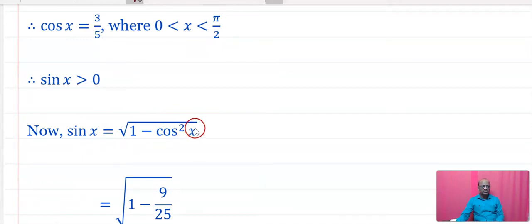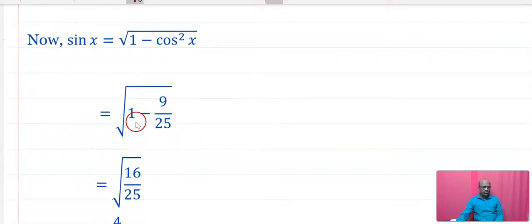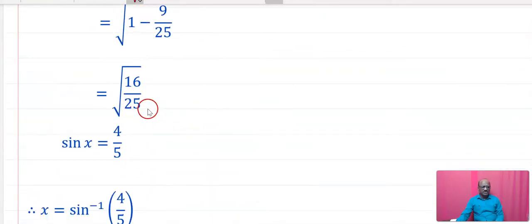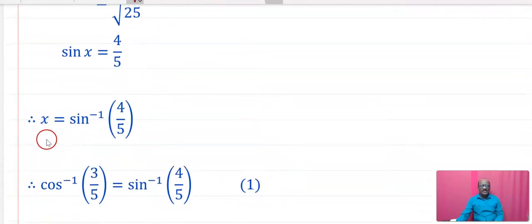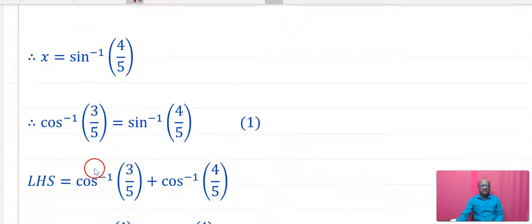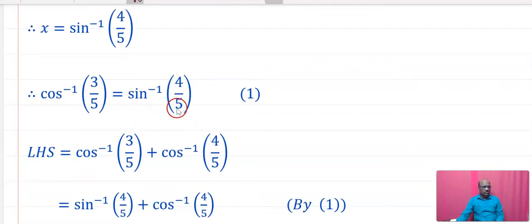Therefore sin x is equal to the root of 1 minus cos square x, that is root of 1 minus 9 upon 25. If you simplify, you will get root of 16 upon 25, so sin x is equal to 4 by 5. Hence x is equal to sine inverse of 4 by 5. It means that cos inverse of 3 by 5 is equal to sine inverse of 4 by 5.